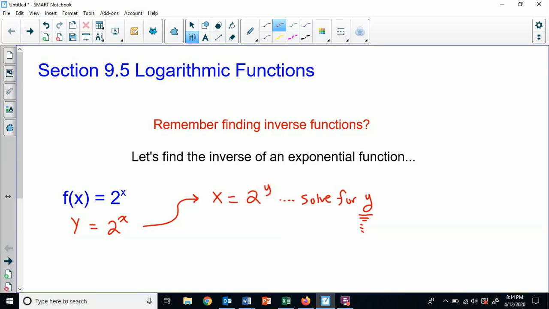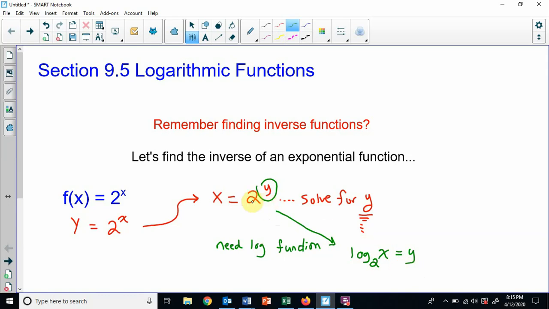And to tell you the truth, you actually don't have the ability to do this without a logarithmic function. You need this log function. The whole point of the log function is to solve for this y. So I will go ahead and spoil a little bit. This can be rewritten as log base 2 of input x is equal to y.